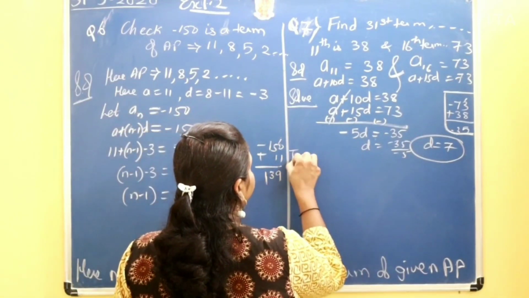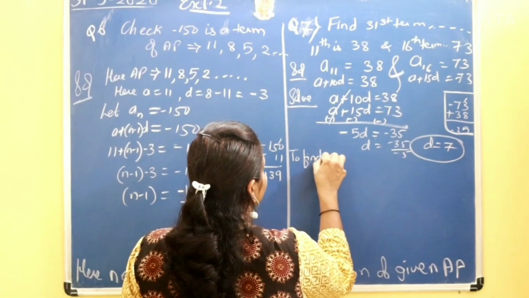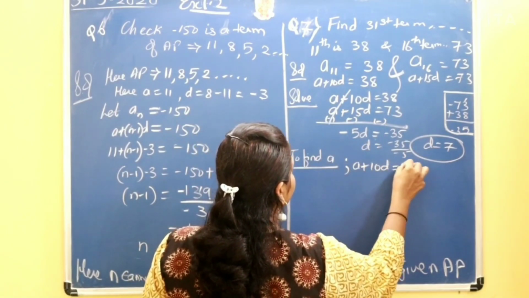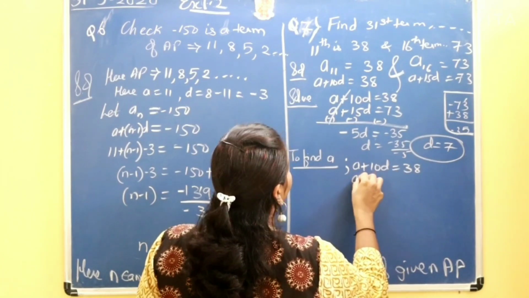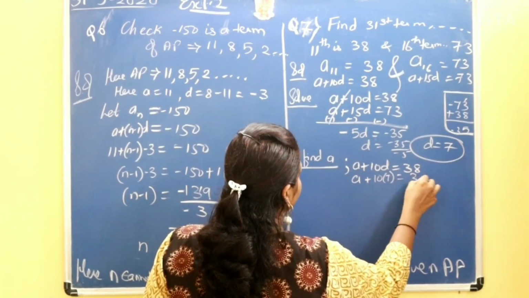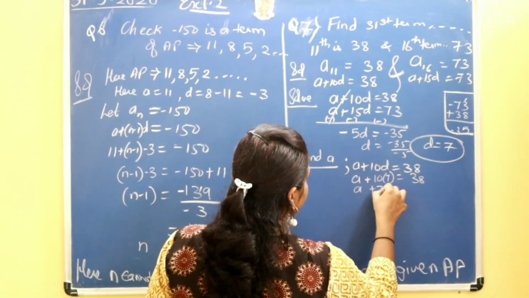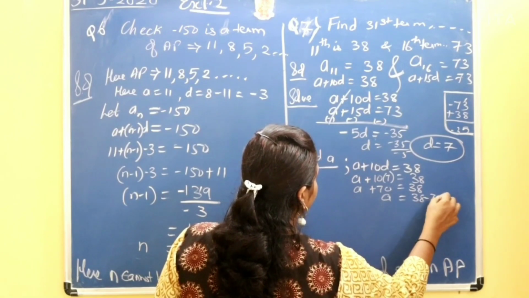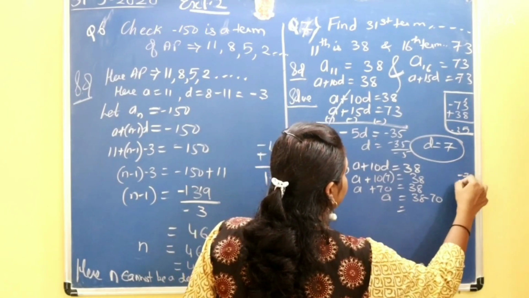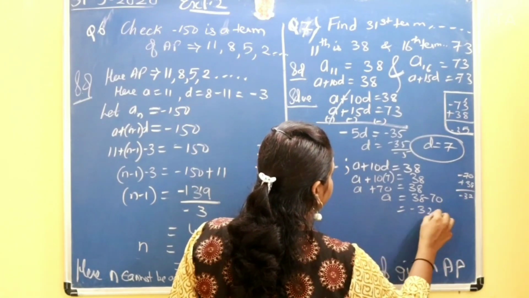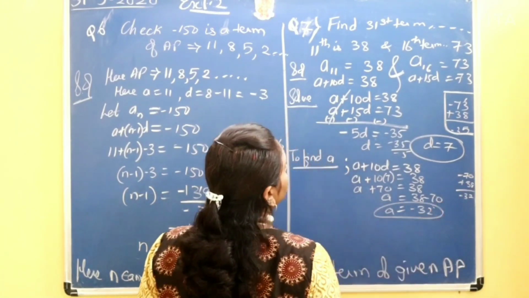To find A, A plus 10D is equal to 38. A plus 10 into 7 equal to 38. A plus 70 is equal to 38. A is equal to 38 minus 70. You get minus 32. A is minus 32.